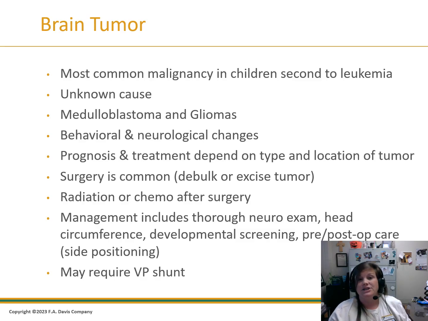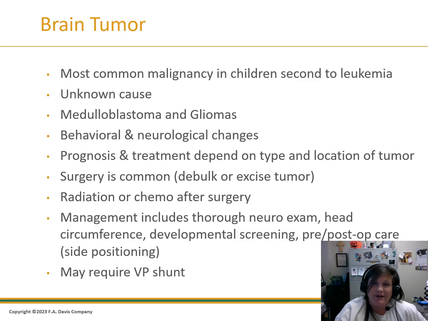We have to continue to assess the functionality of that shunt. We need to monitor for seizures. Epilepsy occurring in conjunction with this is something that we might expect and we want to be prepared for. Obviously, I&O, fluid replacement, hydration, nutrition, all of those elements are going to be crucial. Our continued management and assessments will include a thorough neuro exam. We want to be performing that head circumference measurement.